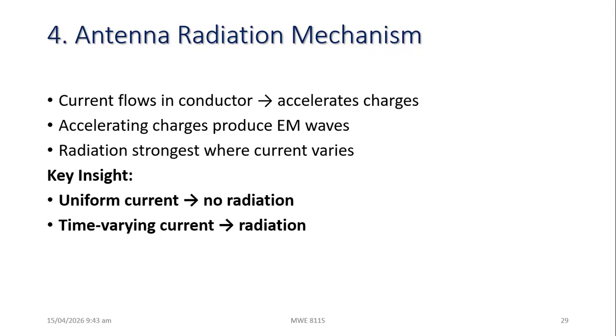By the time the signal moves from a transmission line, whether a waveguide or some conducting material, into an antenna, these charges will have accelerated, and as they accelerate, electromagnetic waves will be generated. And take note, with constant DC current and voltage, you actually get zero radiation.